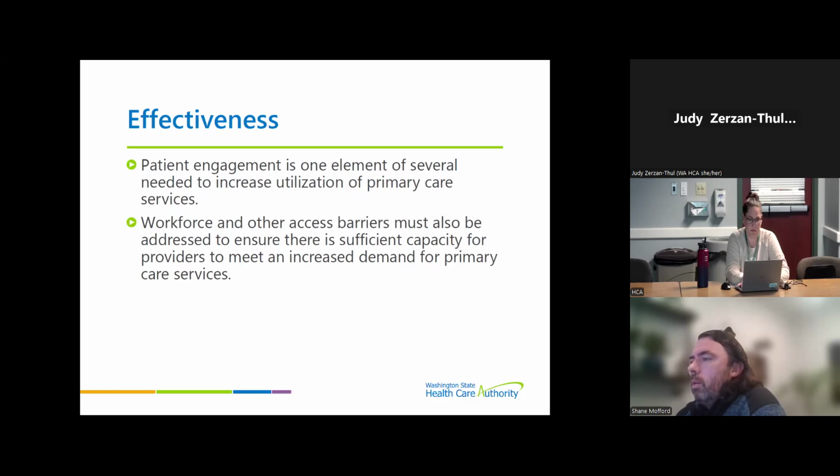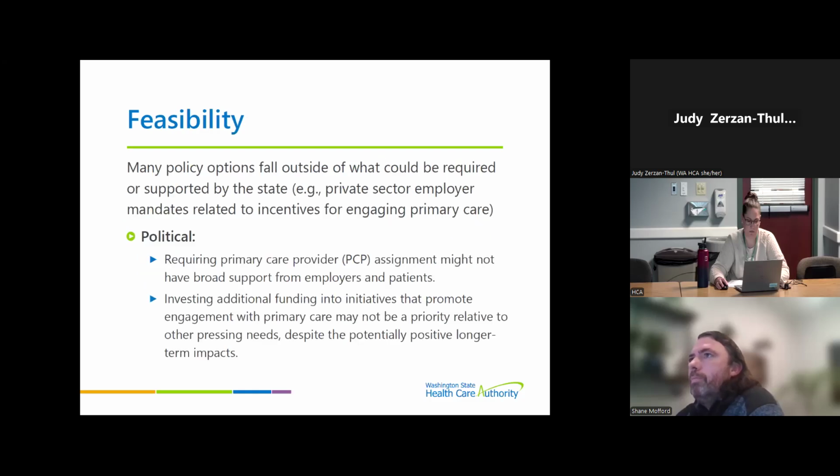We think that it can be an effective one. But also workforce and other access barriers have to be addressed to ensure that there's sufficient capacity for providers to meet increased demand, as might be generated by increased patient engagement through incentives and other policies to promote patient engagement. Next slide, please.